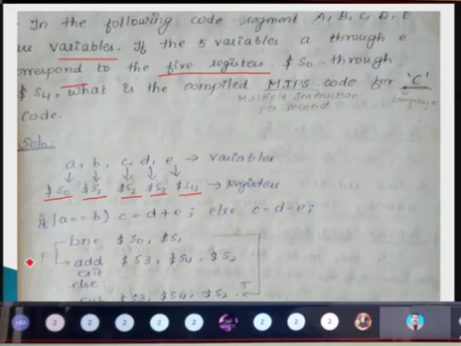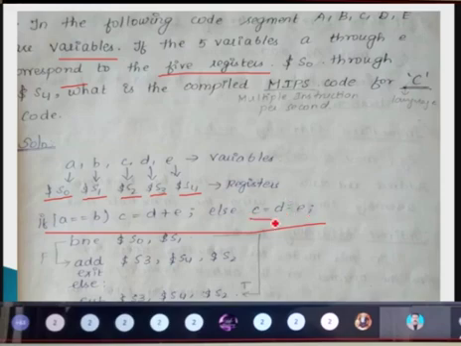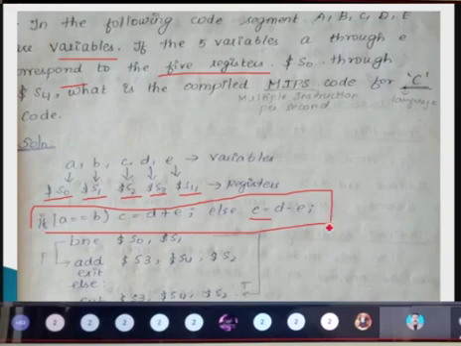So we are asking here: we have code like if A equal to B, then we are going to do the calculation, addition of B and E, and store it in C. Else, I am going to subtract D and E and then store it in C. So if A equal to B, then this, else this. According to this, I am going to write the machine instructions.